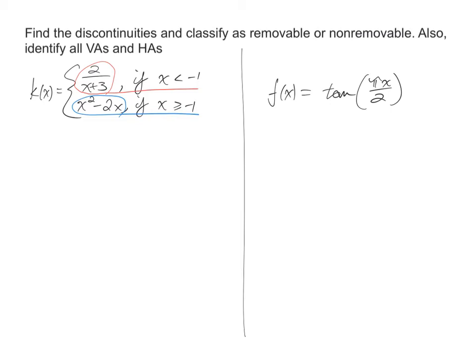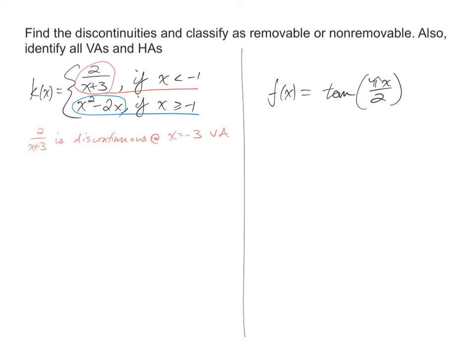So we have to check each function individually to see whether or not there are discontinuities there. So 2 over x plus 3 is discontinuous at x equals -3. There's a vertical asymptote there.